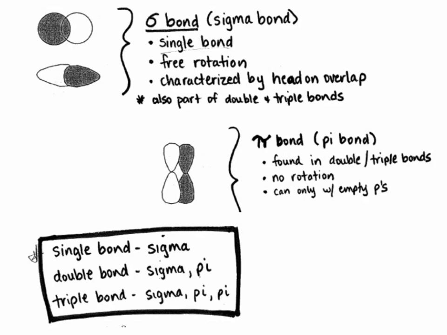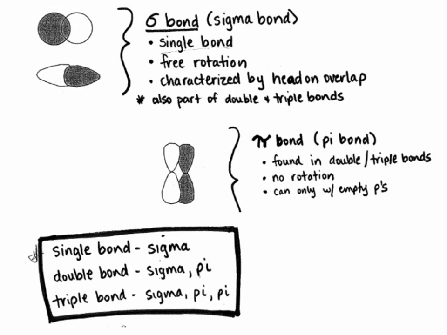If you were to double bond here, we have a sigma bond, but then we have a pi bond. We have the overlap of those p orbitals, and these do not rotate. We can have rotation in the s orbitals, but not in the p's, and you can only do that if you have those empty p orbitals.